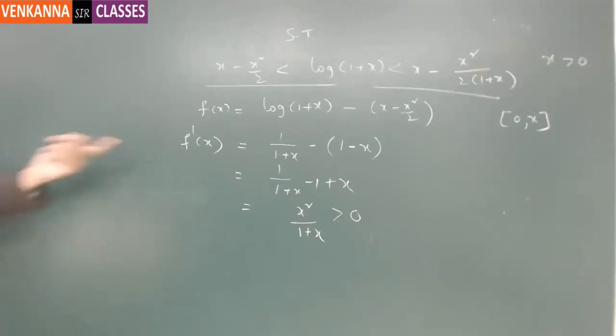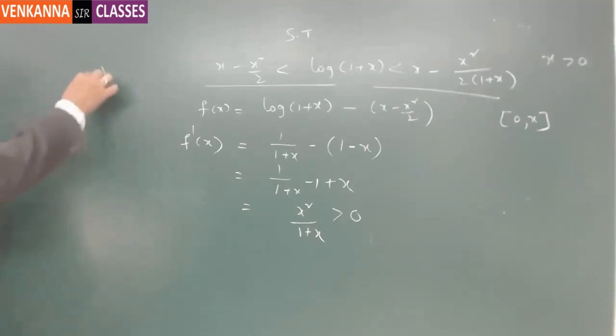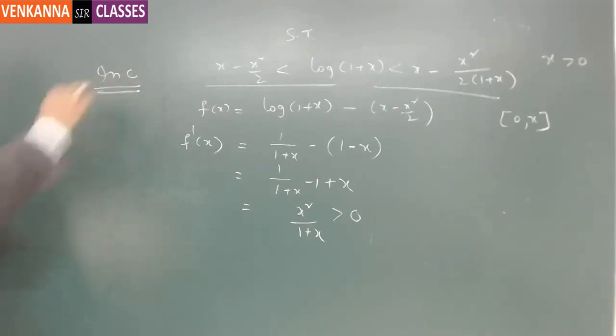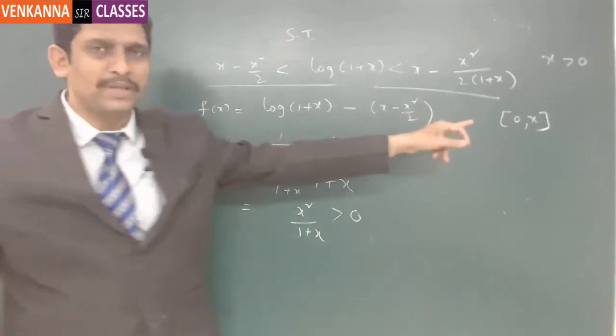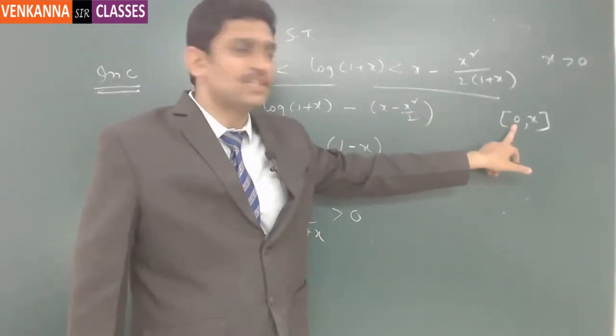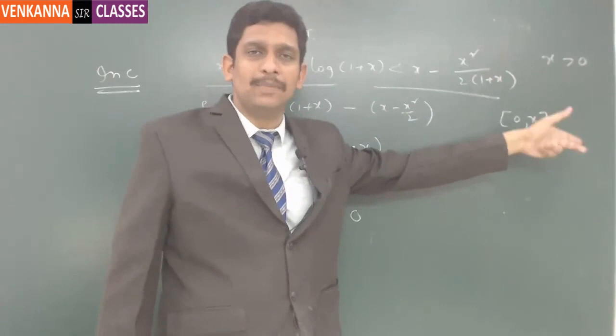Since the derivative is greater than 0, we can say that it is an increasing function. So if you apply the condition of an increasing function, from the interval, the starting point is the smallest one and the ending point is the biggest one.